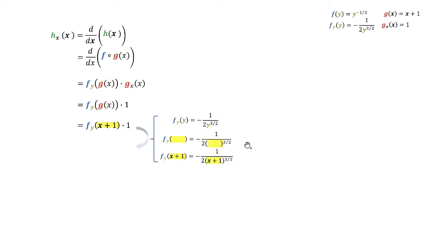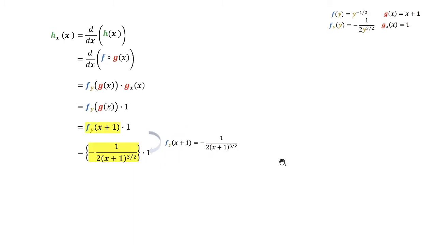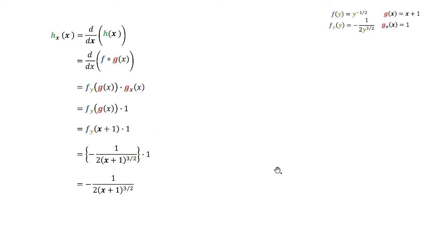In this case, it's x plus 1. So there's my expression. And there it is. Now at this point, it's just algebra cleanup. There's not a whole lot here, but you're just going to have to practice with that. It just takes practice. So here's my original function, and here's its derivative.